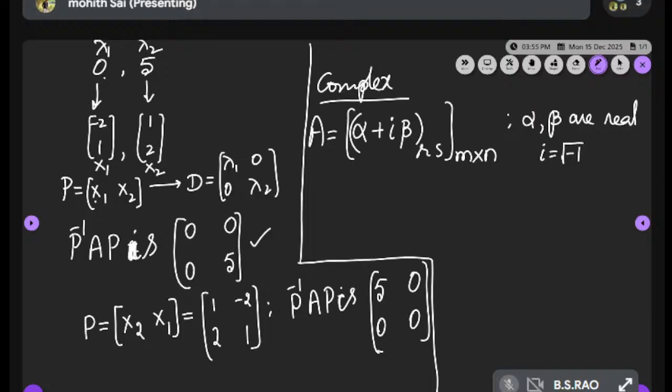If any number in that matrix is of the form of a complex number, then such a matrix is known as a complex matrix. If A is a complex matrix, what is A bar?